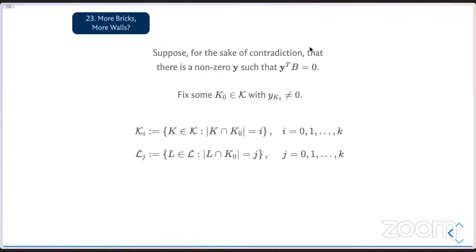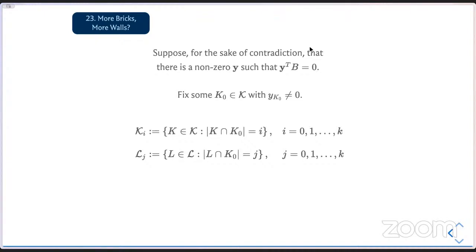Okay, we're going to fix this. Now, this is a bit annoying: we are reusing ki and lj to mean something completely different now. This is because the homogeneous business is done, and we can totally forget about it. Now we are looking at a different partition of n choose k and n choose L, based on the sizes of the intersections with k naught. Think of k naught as some arbitrary but fixed subset of size k.